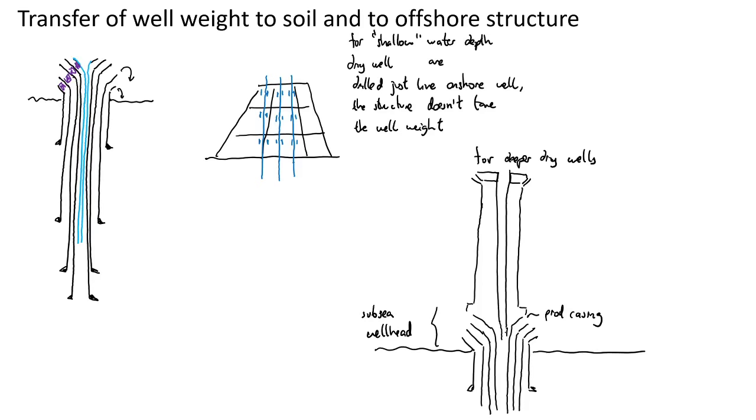Okay, so in the subsea wellhead, you transfer the weight of most of the tubulars to the soil, but then what this is holding, let's symbolize it like that, is held in place by the vessel.